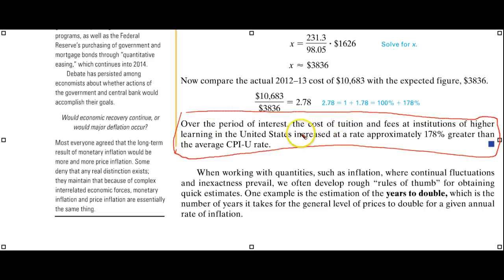Over the period of interest, the cost of tuition and fees of institutions of higher learning in the United States increased at a rate approximately 178% greater than the average consumer price index. So for some years, part of that we don't know what the cause is, and people have looked at that.